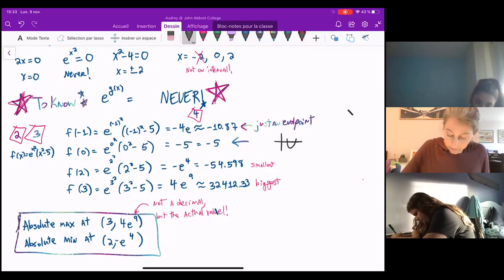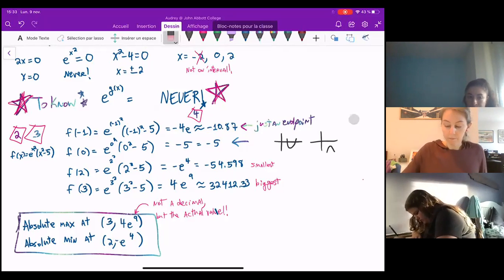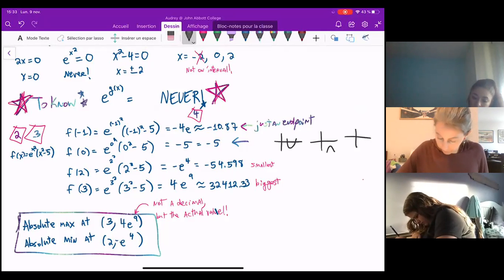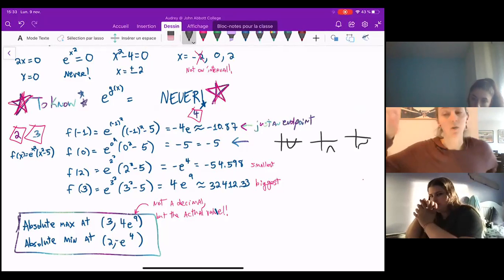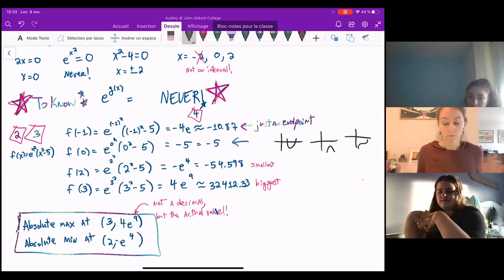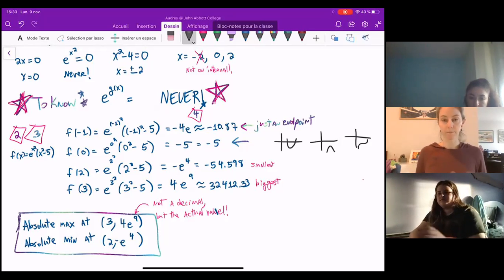I could actually have a max there that looked something like that. Or I could just have a horizontal tangent line there that looked something like that. And I don't have information about that, because I didn't do a table of values to see if it's increasing or decreasing around it. All I know is it's a horizontal tangent line. Does that make sense?